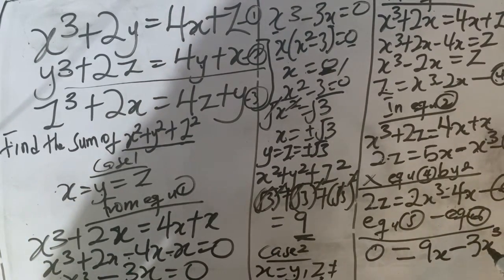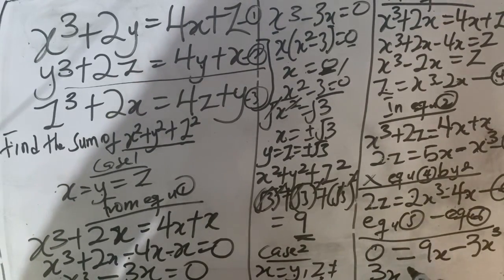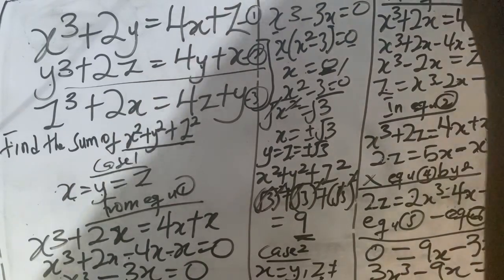So we have everything equal to 0. I'm bringing everything to this side, so we have 3x cubed minus 9x being equal to 0, right?